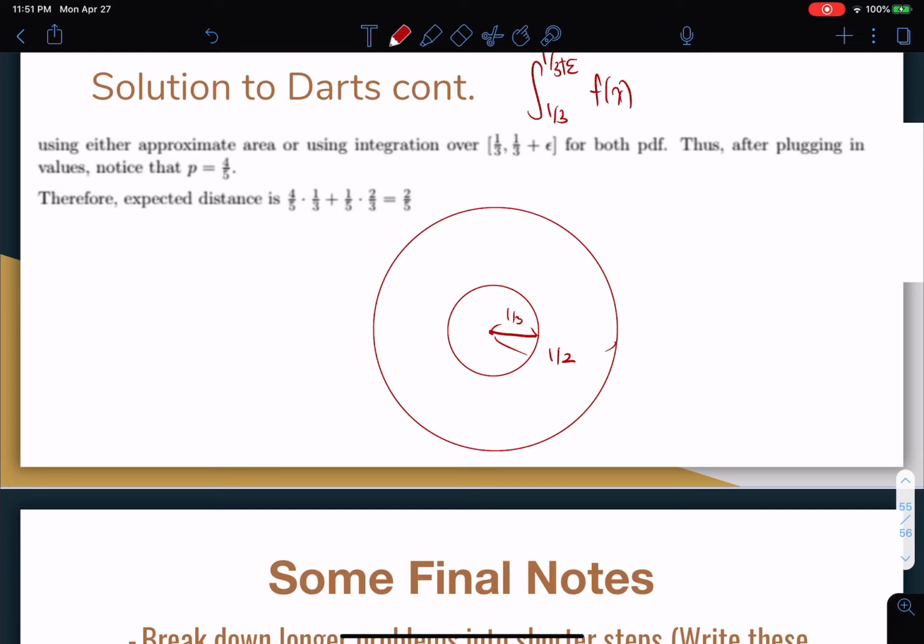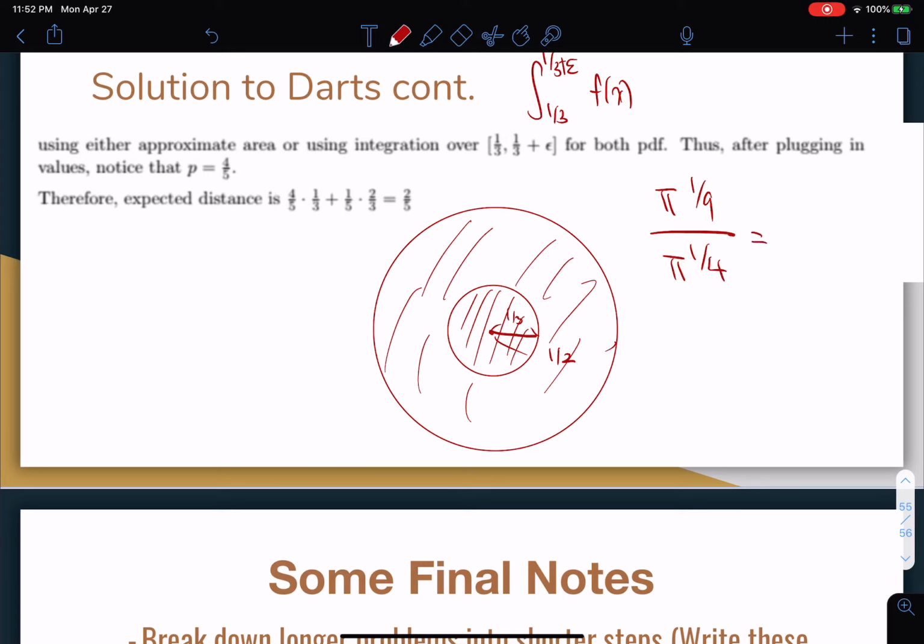So if it's 1/2, we are saying, okay, what's the ratio of this circle compared to this big circle? Well, the area of that circle is pi over 9, and this is pi over 4, right? So in the end, I get something along the lines of 9/4.